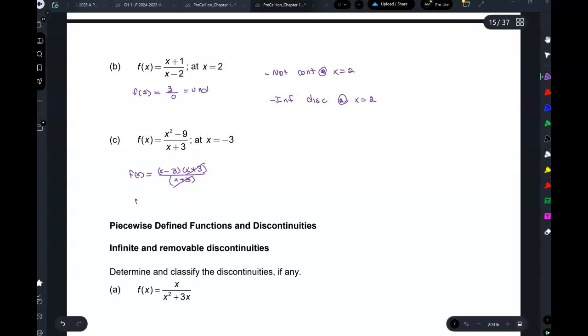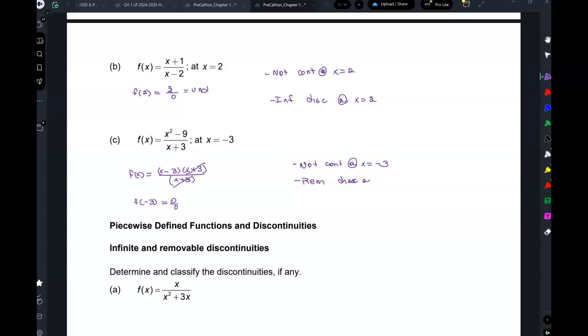So f of negative 3 is 0 over 0 in this case. So it is not continuous at x equals negative 3. This one is removable discontinuity. F of negative 3 is negative 6 over... Now if you put it over here, it's 0 over 0.